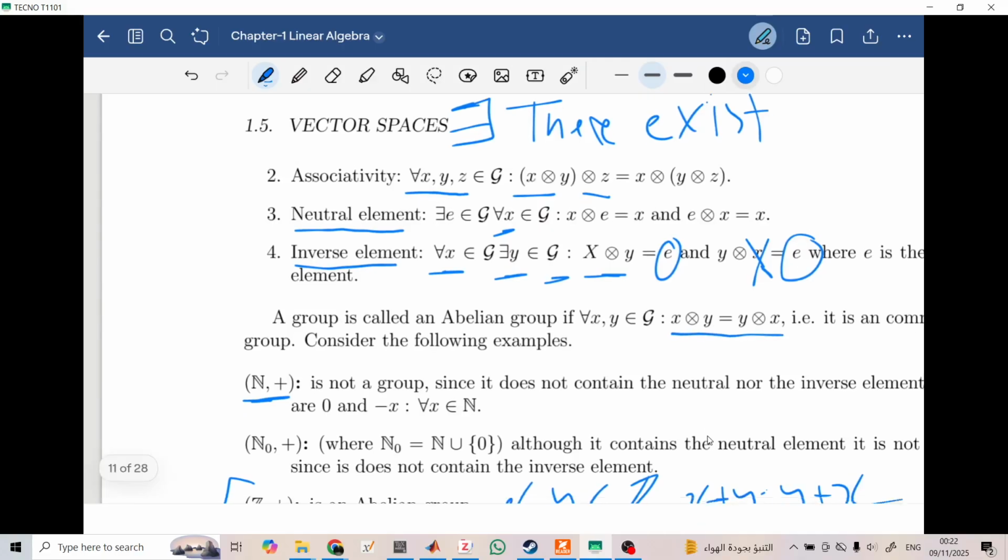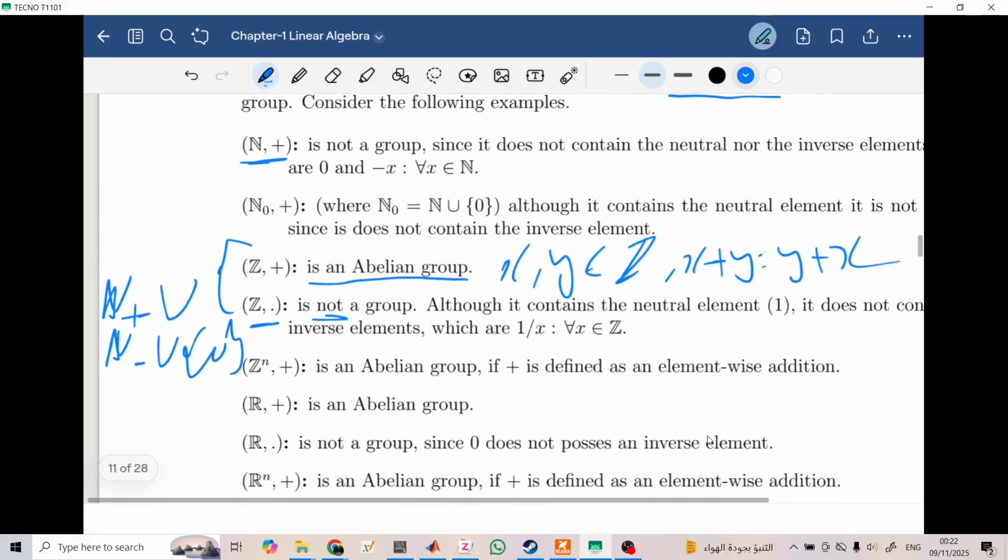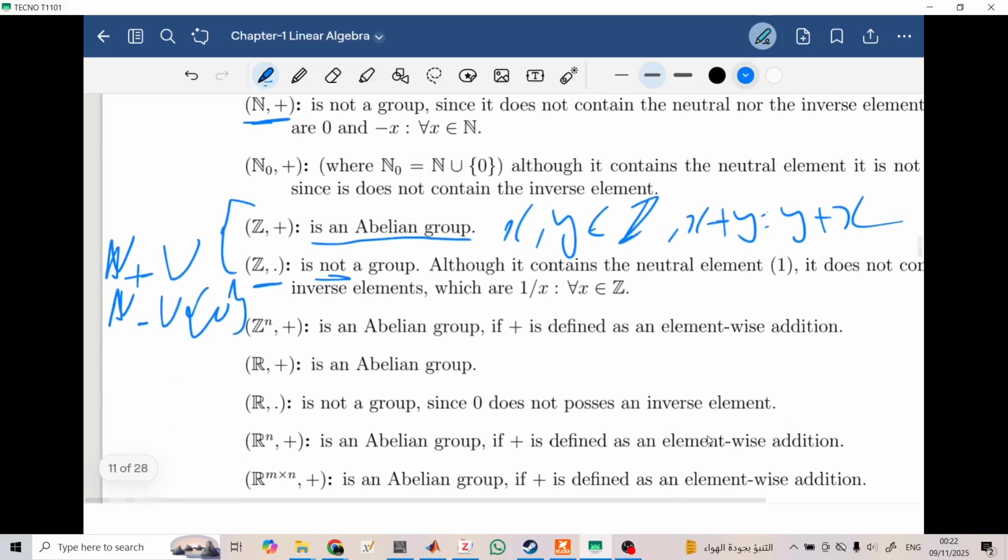So this means it is an abelian group for the addition. For the product, it's not a group, because we don't have an inverse element, because the inverse element is 1 over x, and 1 over x does not belong to Z. Actually, it does not belong even to R, as we saw earlier, because 1 over 0 is infinity, and infinity does not belong to the real numbers.